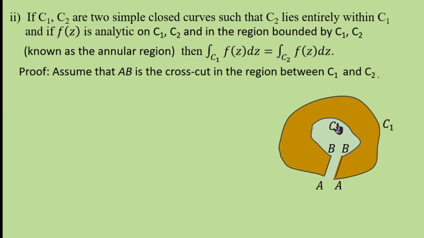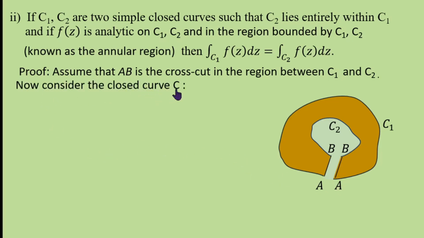Now in this closed curve C, f of z is analytic. Within and on the closed curve C, f of z is analytic. And hence the integral of f of z dz along this closed curve is 0 by Cauchy's theorem.